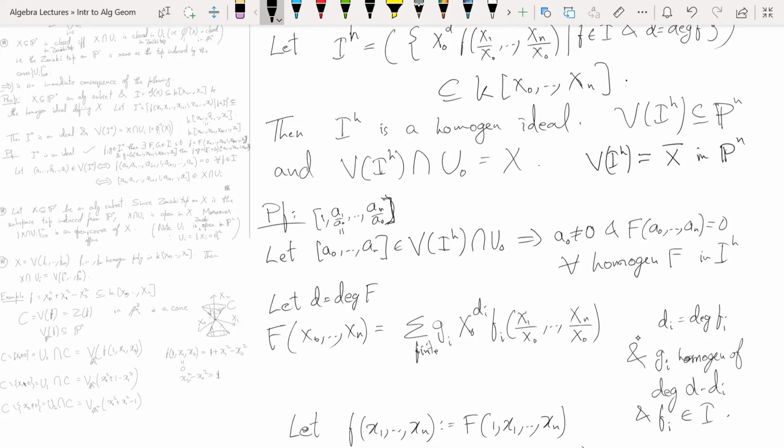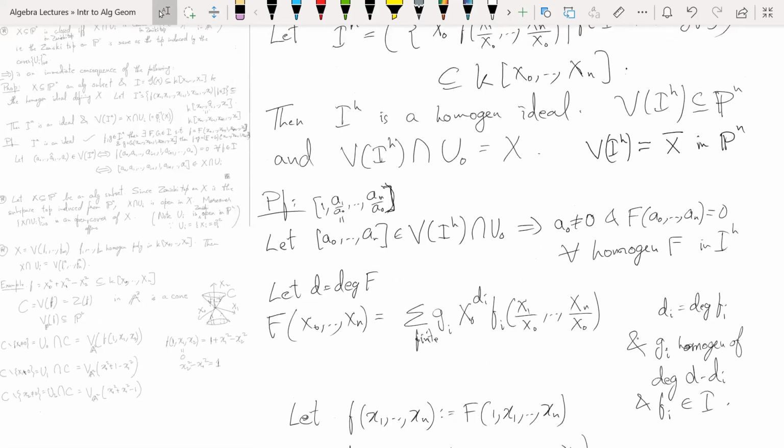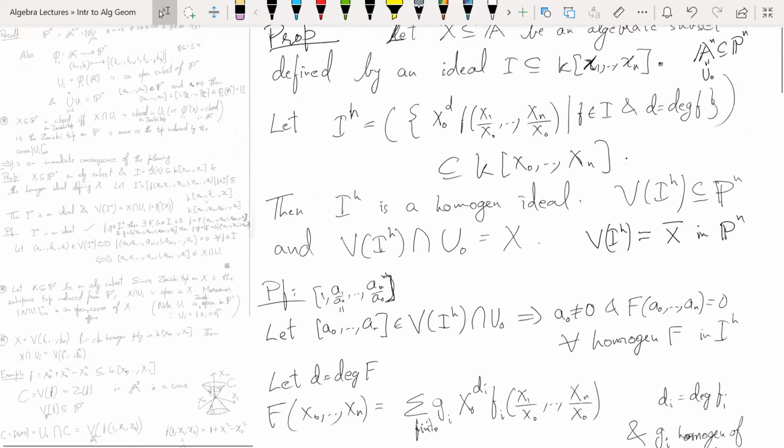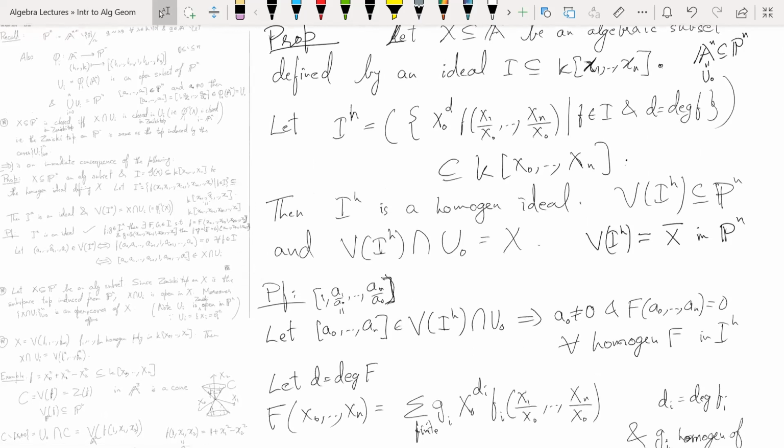So now, what do we want to show? We want to show that this belongs to X. That is, we want to show that (a1/a0, ..., an/a0) belongs to X. That is our goal.